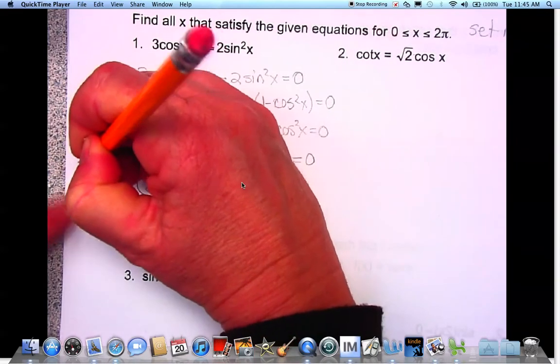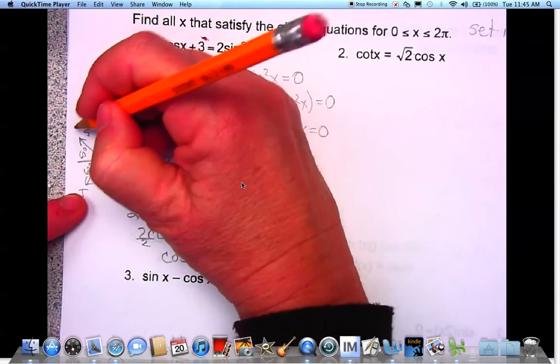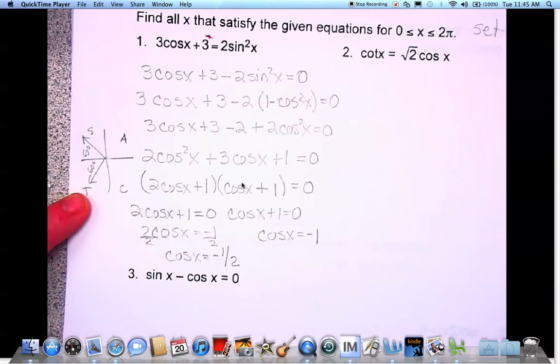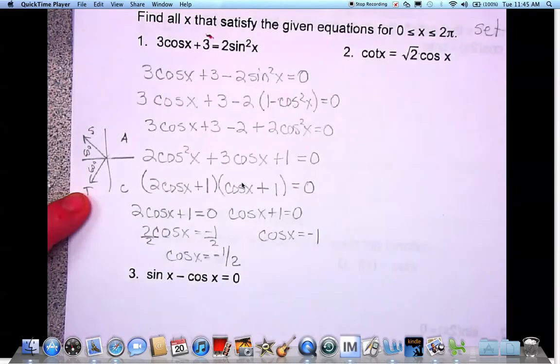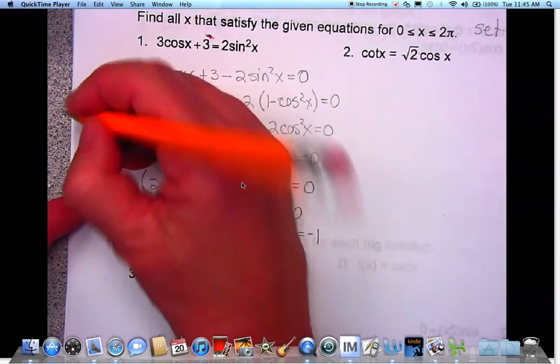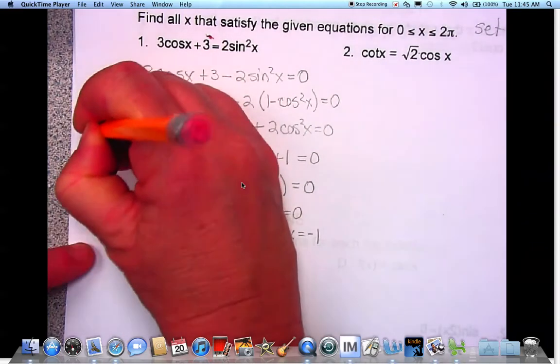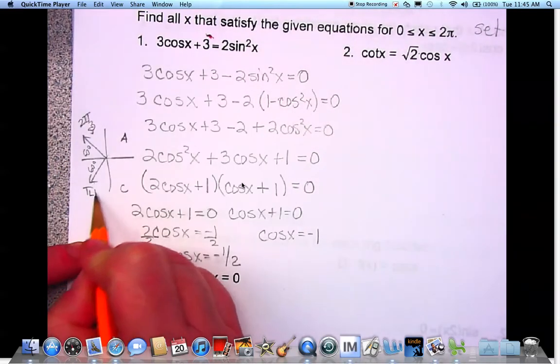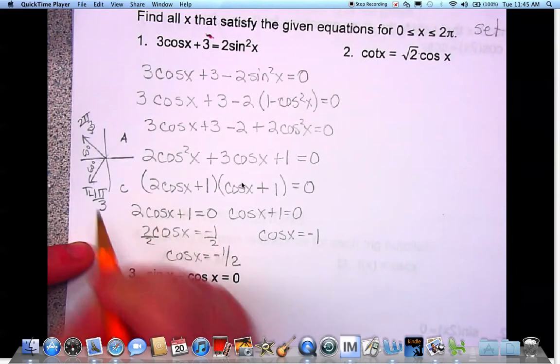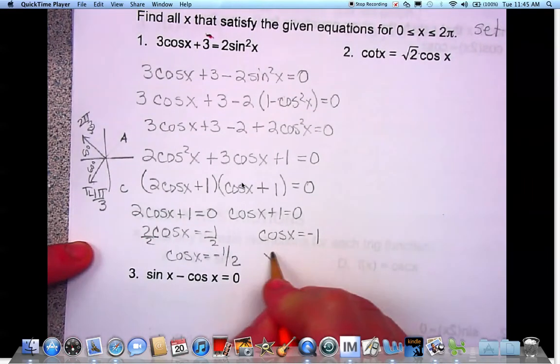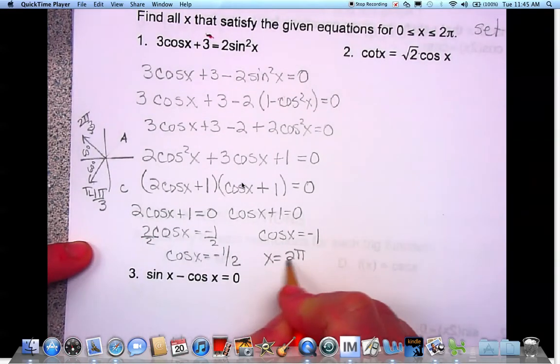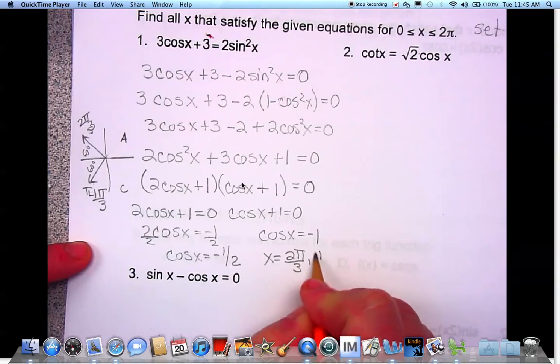So we get 120 degrees, which is 2 pi over 3, and 240 degrees, which is 4 pi over 3. So x equals 2 pi over 3 and 4 pi over 3.